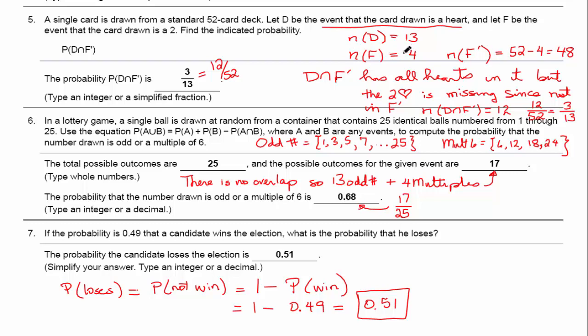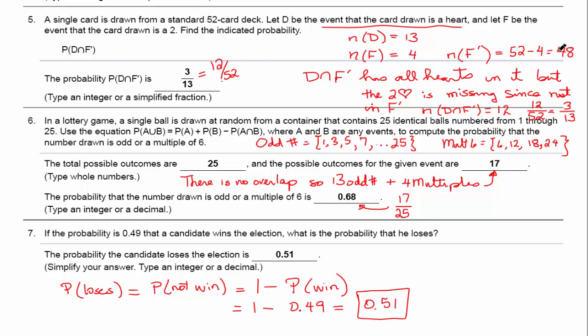Now they want us to find D intersect F complement. If there are 4 2s, then not 2s is 52 minus 4, which is 48. So there are 48 cards in it.